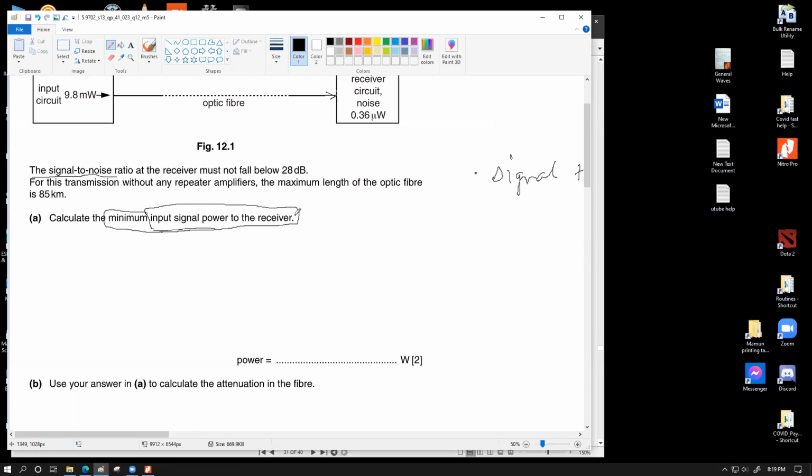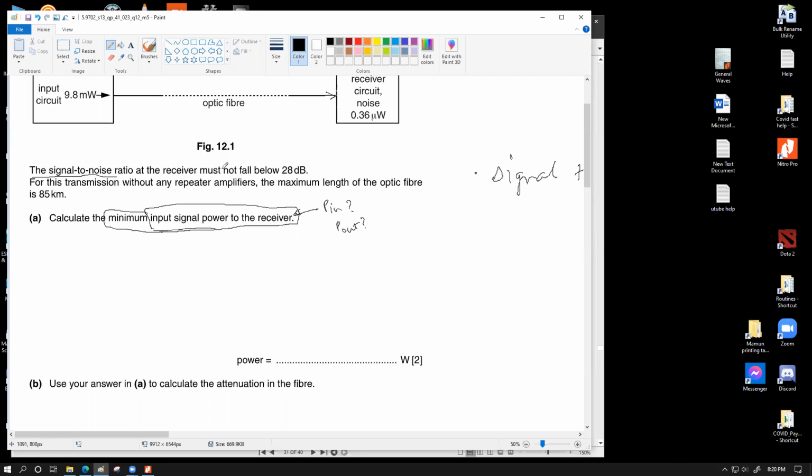This sentence, does it mean P input or does it mean P output? By reading this information, what do you understand from here? Output. Yes? Anyone else? Output, sir. It essentially means output.